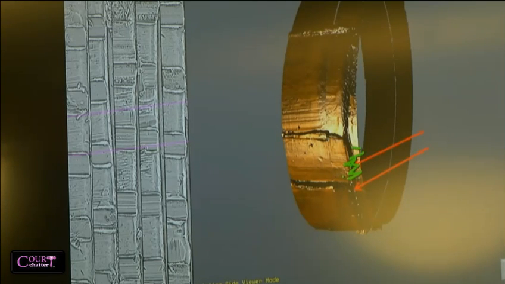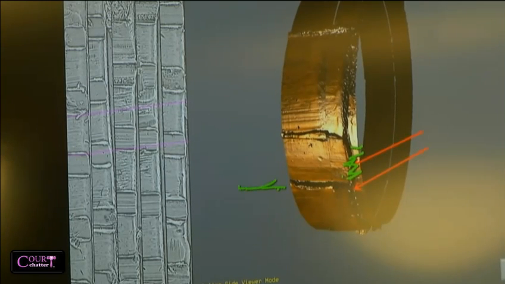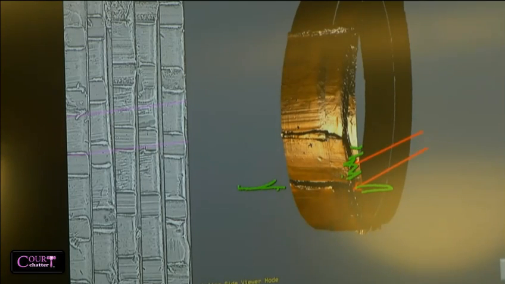And also, down in this portion here, at the shoulder area of land impression number 3, there's agreement there as well. The reason why I did 3D along with the conventional methods is to show as clearly as possible the area of agreement that I was seeing on the conventional microscope.